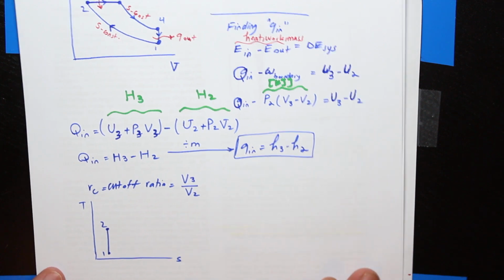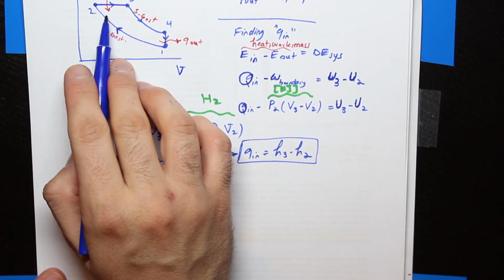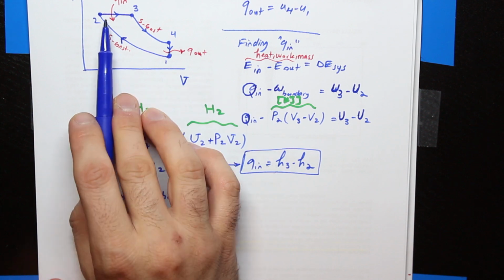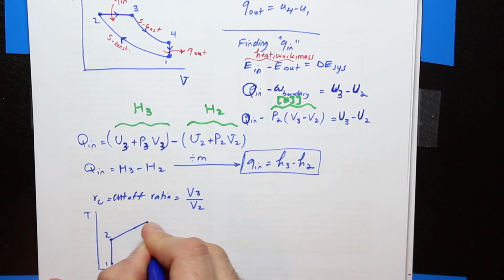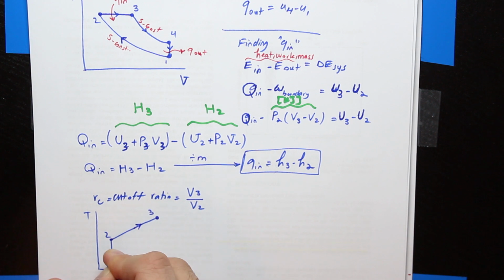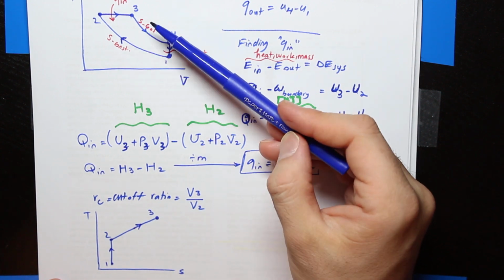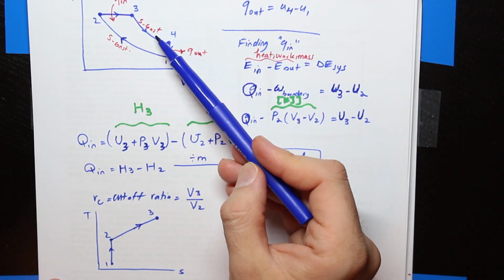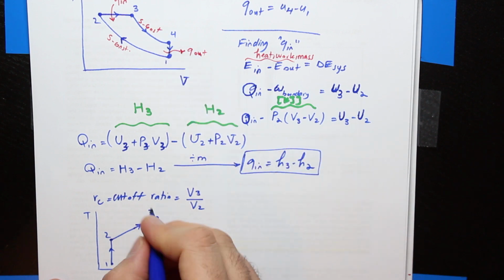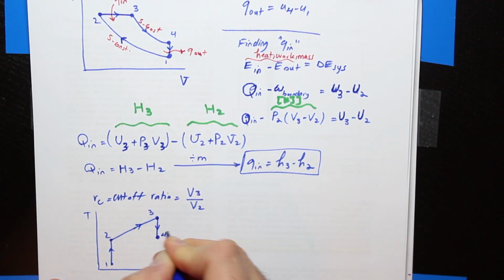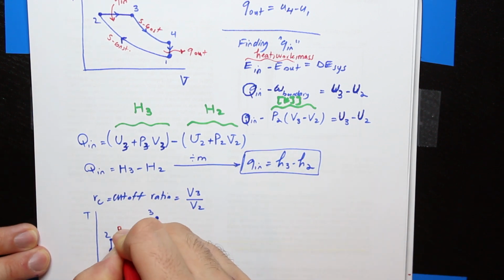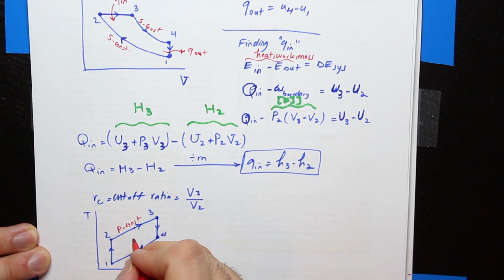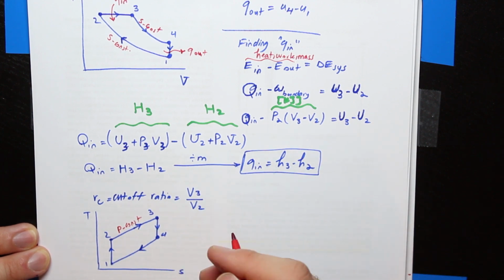From 2 to 3, we had heat addition, so the temperature is increasing again from 2 to 3. From 3 to 4, I have another constant S, or constant entropy, process. And finally, from 4 to 1, we have the heat rejection. So this is our TS plot. The process from 2 to 3 is constant P, and 4 to 1 is constant volume.